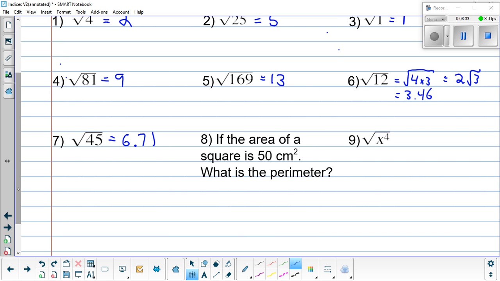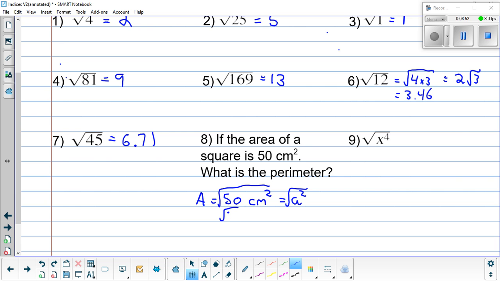So, if the area of a square is 50 centimeters squared, what is the perimeter? Well, our area is 50 centimeters squared. So, that's a square, so that's equal to our a squared. So we really just have to take the square root of both.